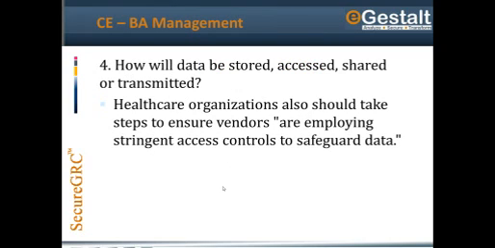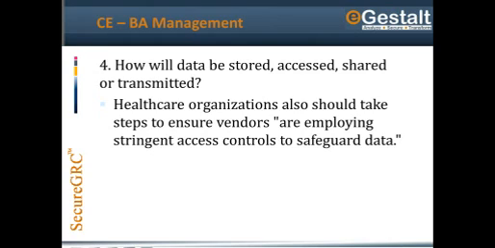The fourth question, a very important question to be asked, is how is the PHI data going to be stored? Where is it going to be stored? Who is going to access it? How is it going to be shared internally or externally with external vendors, and how is it going to be transmitted? So if you go back to the requirements of safeguarding PHI, what this question is essentially asking the external BAs and vendors is, are you going to be taking adequate steps to protect access and transmission of the PHI?